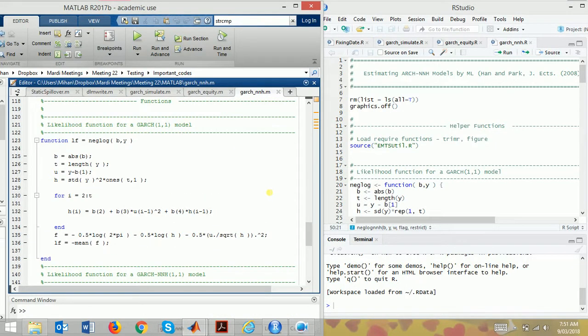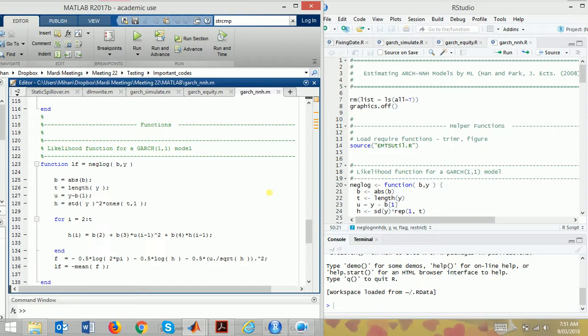So very interestingly, first of all, we need a function for our GARCH 1 model, and just like before, we have b, we have t, and obviously we need u, the mean, because here we are talking about IGARCH. So instead of beta 1, we have alpha 2, which is y minus beta 1. We studied that before, right?